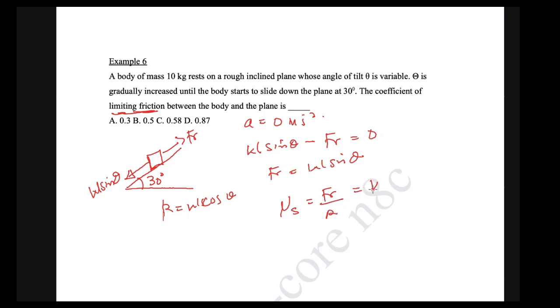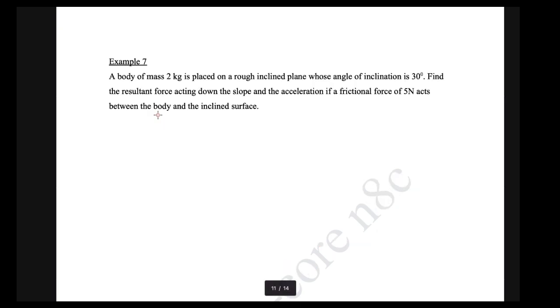Then we're going to have W sin theta over W cos theta, which at the end of the day is tan theta, which is tan 30. So the coefficient of static friction is going to equal tan 30, which is 0.58. So that choice is the correct answer. Next problem.